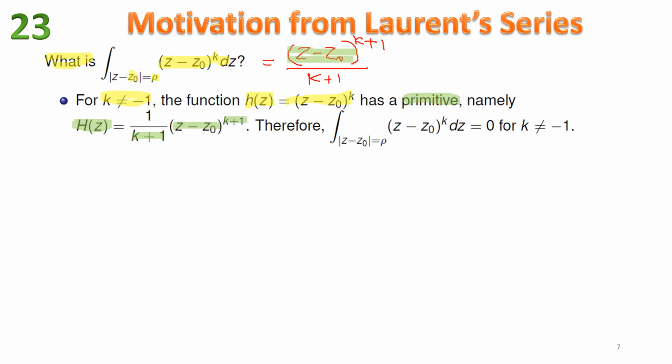Here, instead of a routine language, we shall say that it has a primitive, namely capital H of z. Therefore, the integration of (z minus z0) to the power k dz, rolling over a circle of radius rho, is equal to 0 for all values of k except k equal to minus 1.